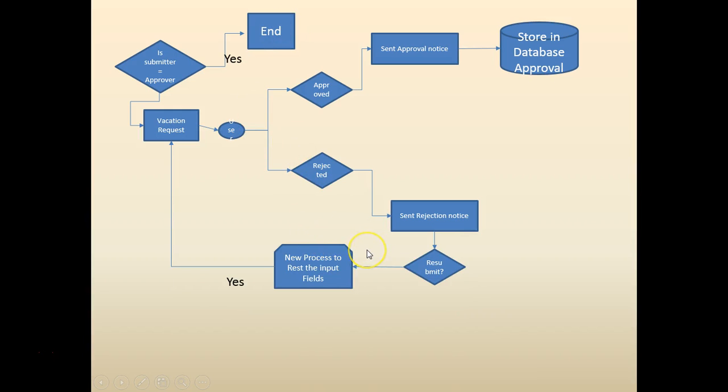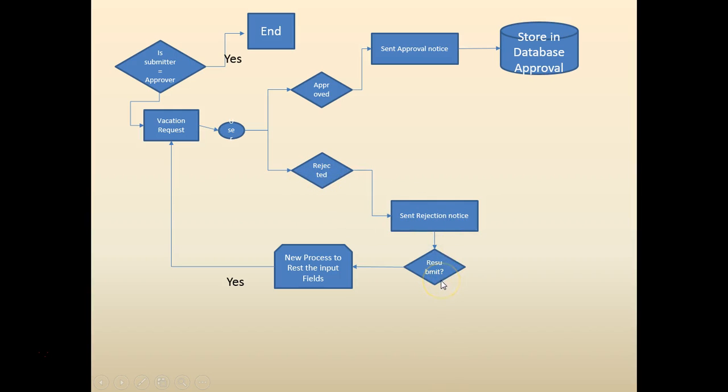So we can add one more functionality where we are going to reset the fields before submission. So the vacation request would come in with the from and to date. The requester rejected it.